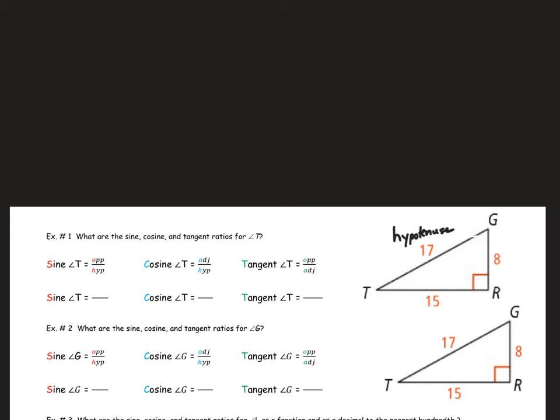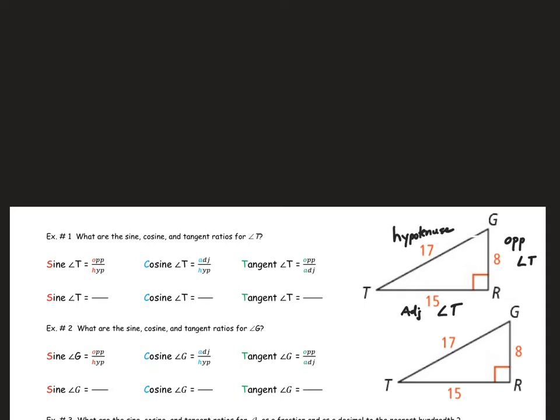What would be the side that is opposite of angle T? Here's angle T. If I go directly across, I run into segment GR. So this is the side that is opposite angle T. That leaves me with one side, RT, which is the adjacent side to angle T. Now all I have to do is write the ratio.